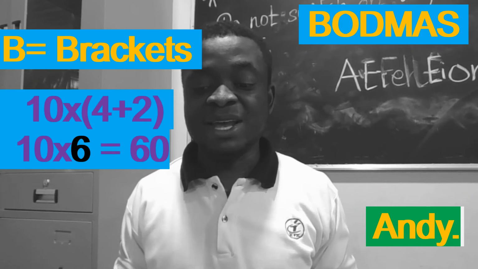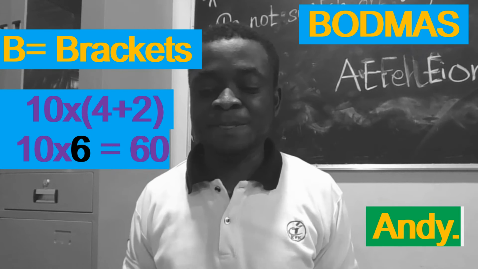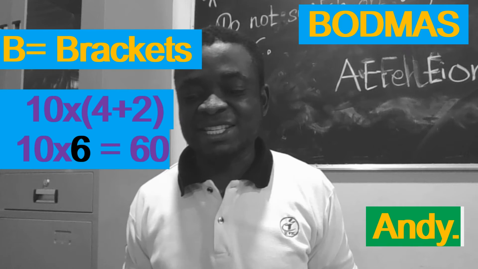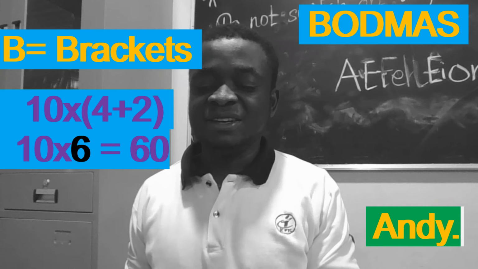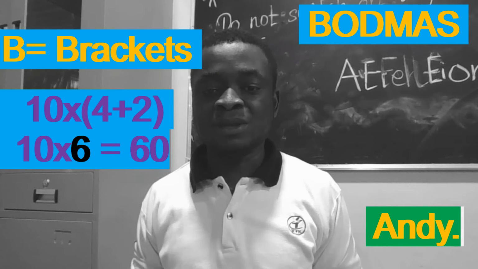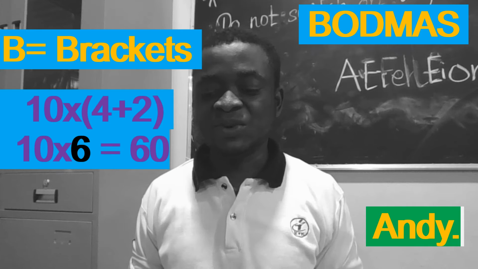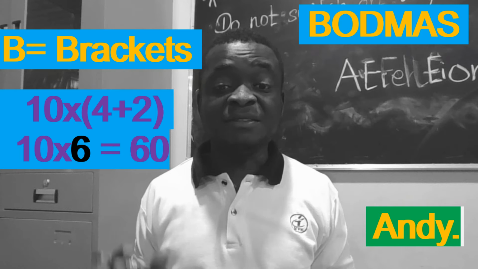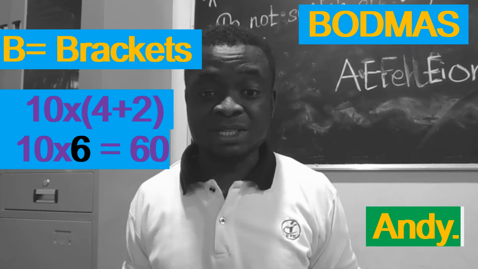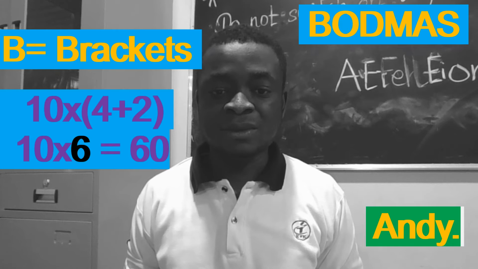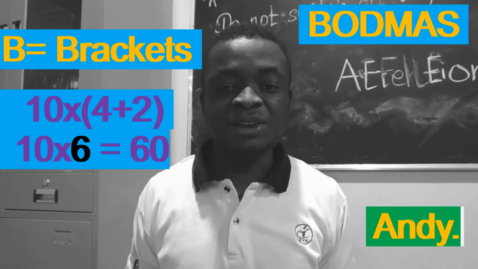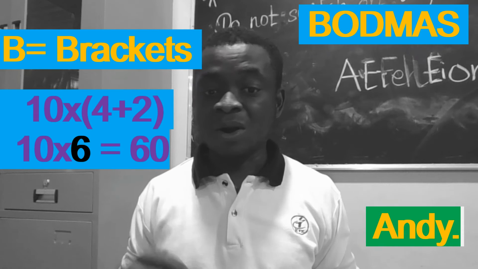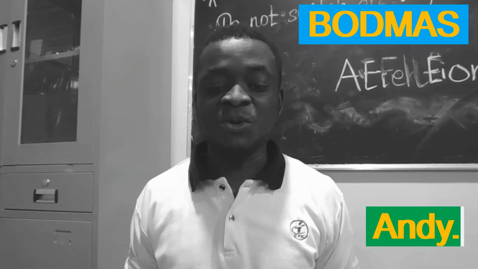Let's solve it together. 4 plus 2 first gives you 6, and then we already have our 10 behind the bracket. So 10 times 6 gives you 60. So if you have any mathematical expression that involves brackets, BODMAS is telling you to deal with what is in the bracket first before you move on to the other operations.